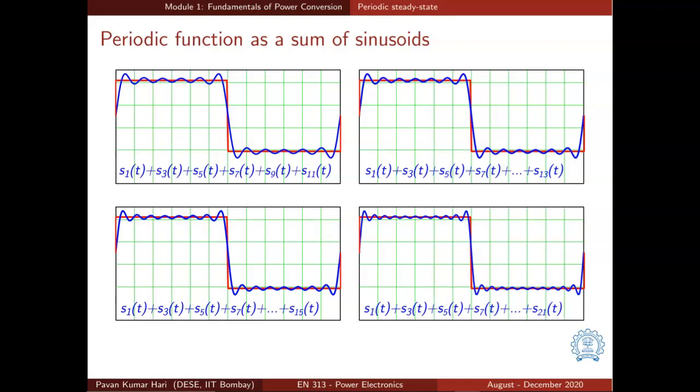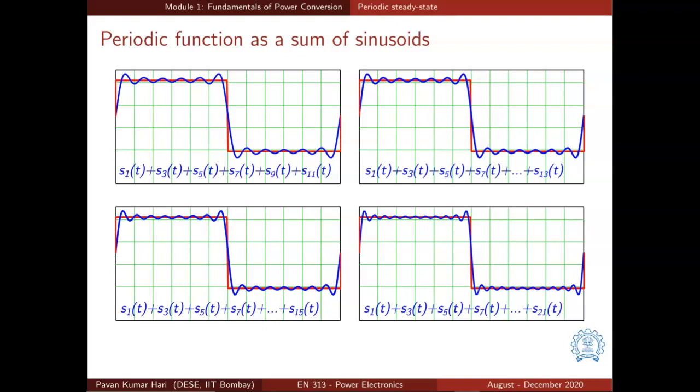The first plot here shows when sinusoids up to the 11th multiple of frequency are added. Now the second plot shows the resultant when sinusoids up to the 13th multiple are added. Then the third plot is when the sinusoids up to the 15th multiple are added. And finally, if you include the sinusoids up to the 21st multiple of frequency, the waveform looks like this.